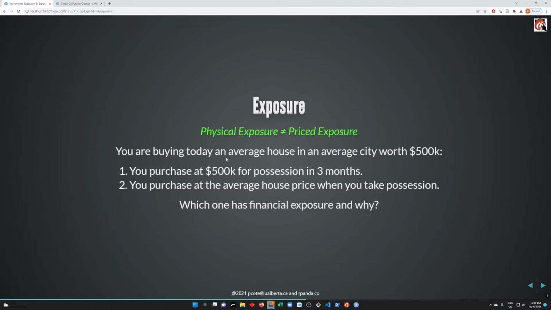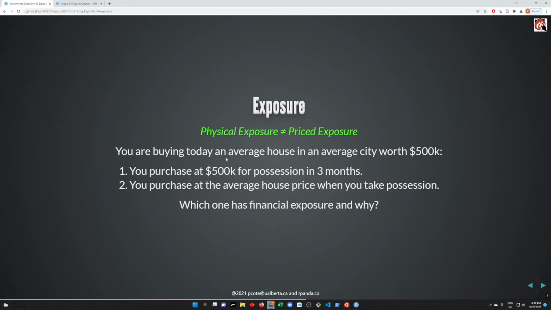And the choice we have from a contractual perspective is, option one, we sign a contract and purchase the house by agreeing on a price of $500,000 for possession in 3 months. Option two would be the same house, same delivery timing, possession in 3 months, but instead of agreeing on a fixed price, we agree to purchase the house at the average house price according to an index for that city at the time of possession. So the question here is, which one has financial exposure and why?